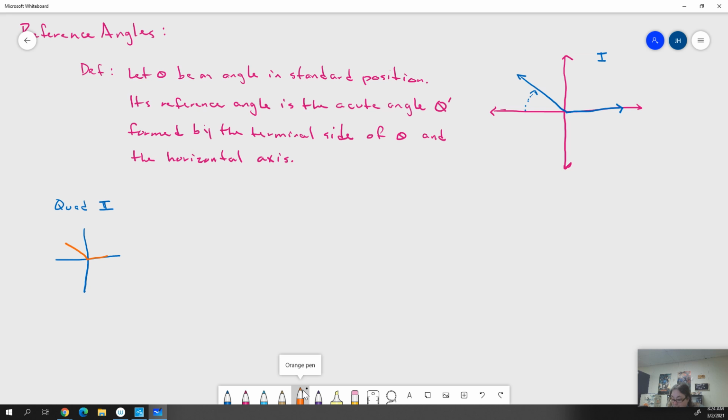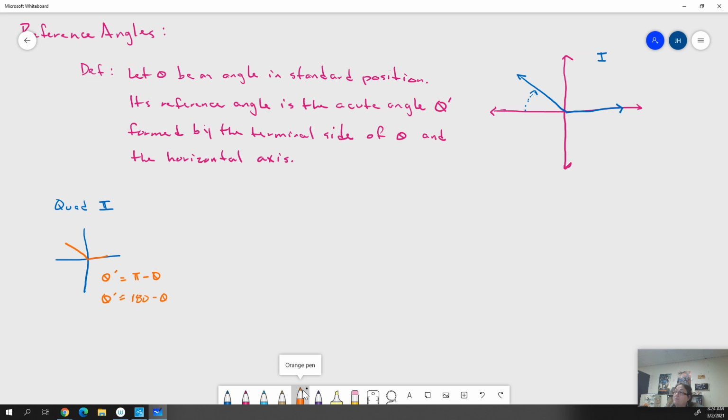When we want to find that reference angle, if we want to find our theta prime, which is just what we're calling our reference angle, we would take pi minus the original theta, right? If it was in degrees and we wanted to find it, we would take 180 minus theta.